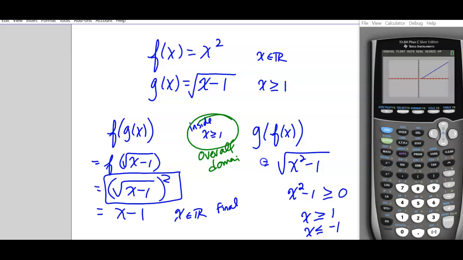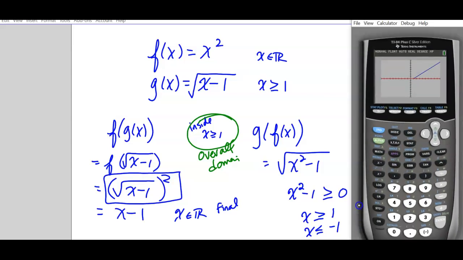Where does that overlap with the inside x element of the set of reals? Then it should be all of that. So here, let's graph that, square root of x squared minus 1. And you should get 2 arms. Okay? So if you don't simplify it when you put it in, it will show you the domain you're supposed to have. So that's a bit of it.